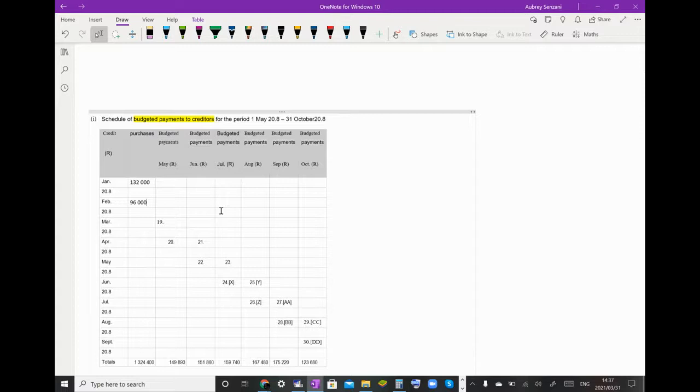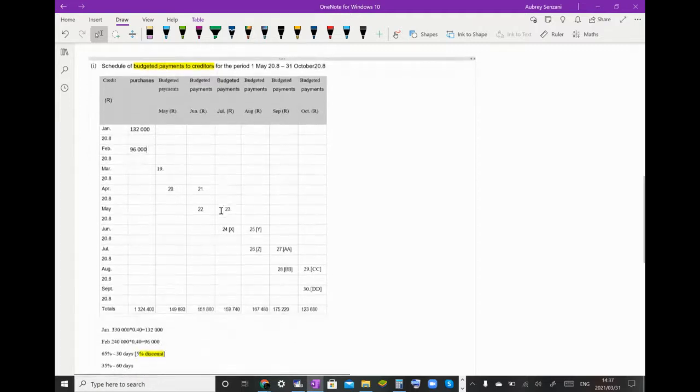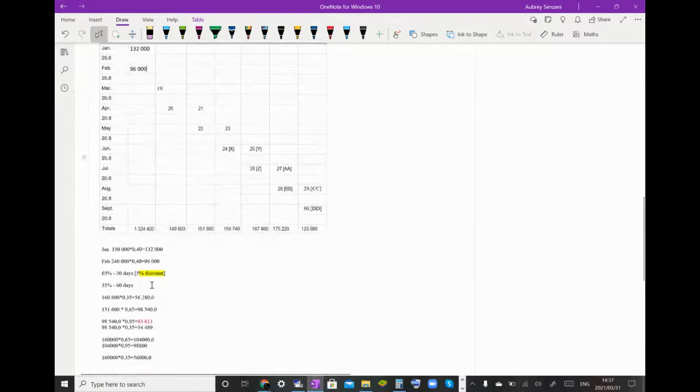So if it's within 30 days, then that should tell you already that 65% is paid in 1 month, right? And you've got a 5% discount there. So in other words, 60% is payable.